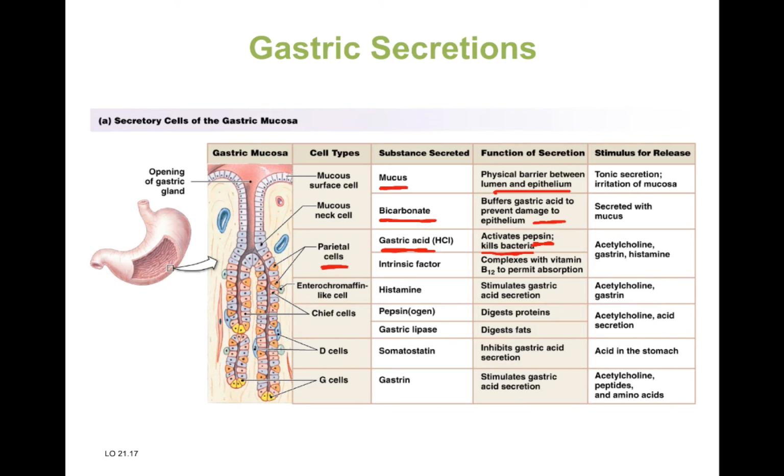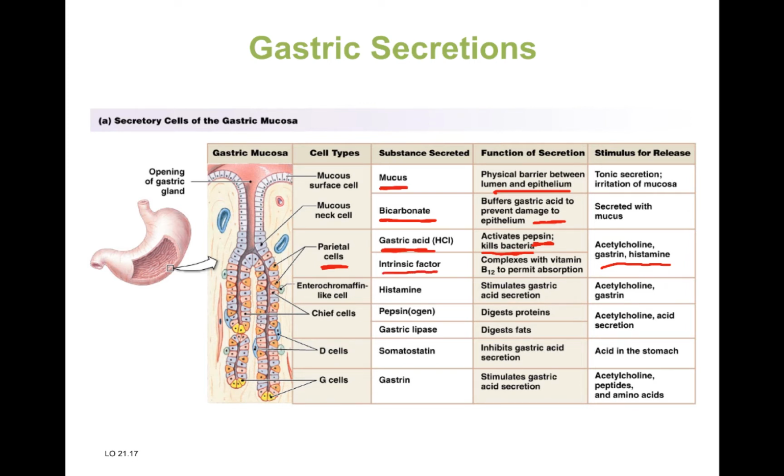Stimulus for the release of acid is the hormone gastrin, which we'll talk about here in a second, the presence of histamine, which we'll talk about here in a second, but also acetylcholine. So think about those parasympathetic reflexes or processes, and that when parasympathetic activity increases, that acetylcholine is going to help stimulate the production of acid.